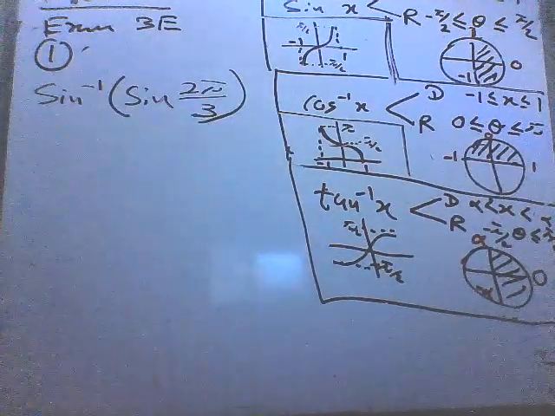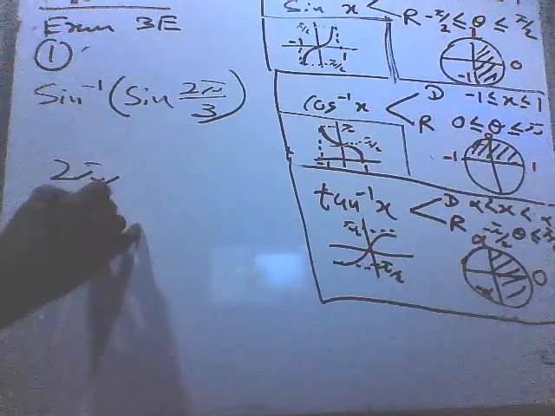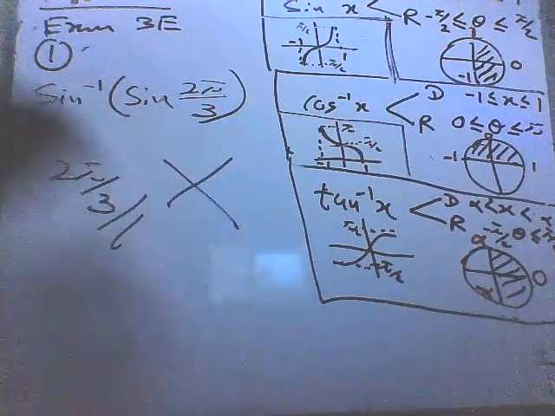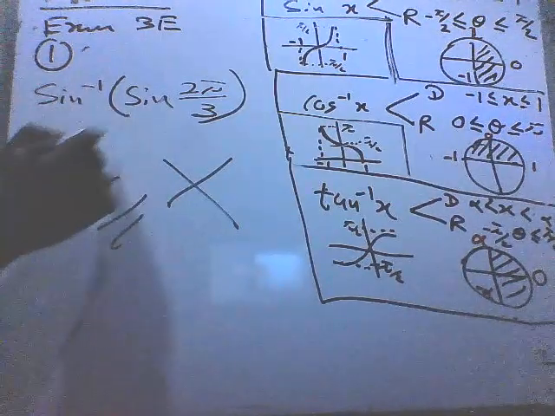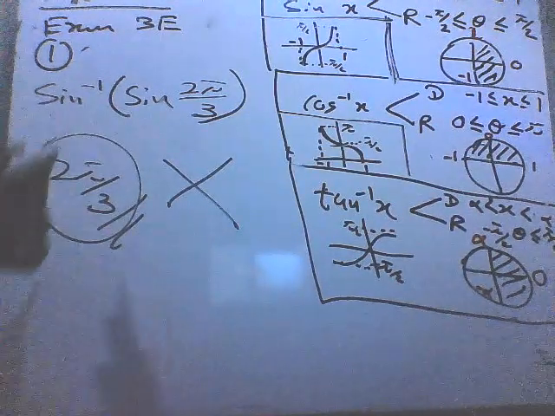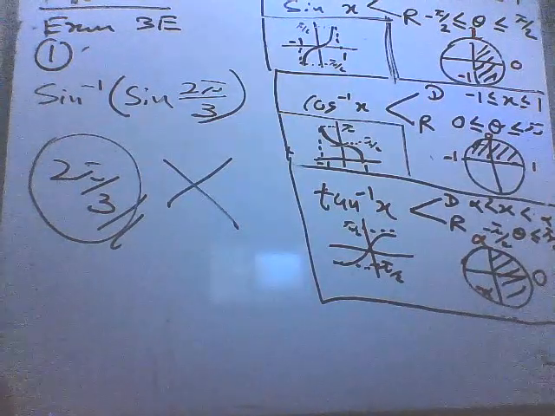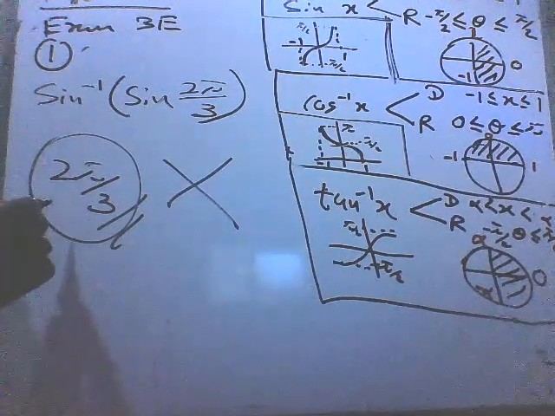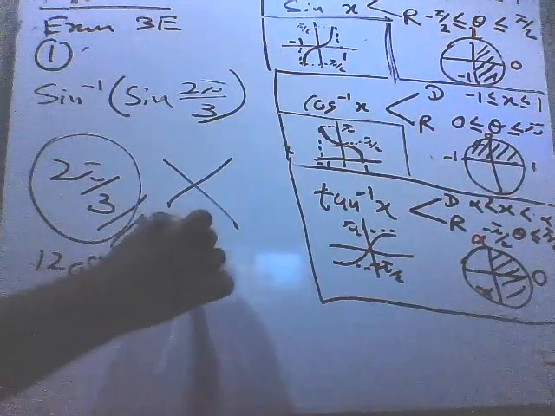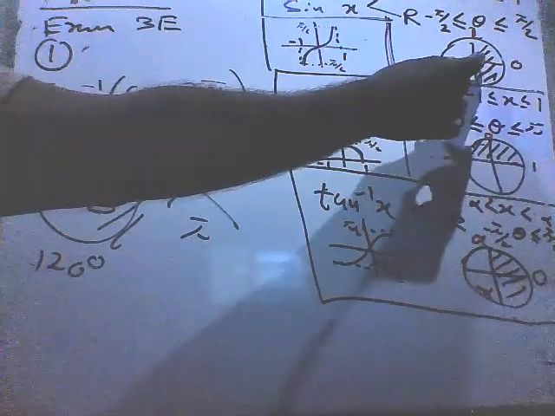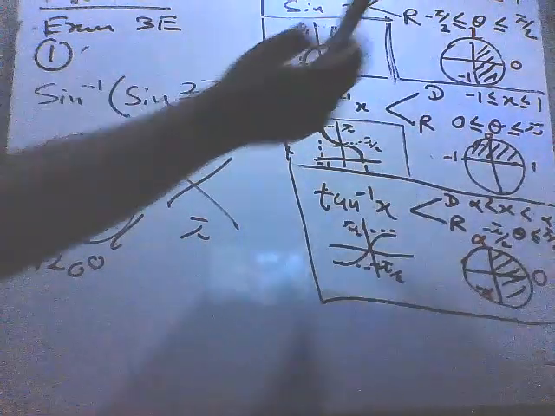If we just try to cancel and put 2 pi over 3, this answer is wrong, because 2 pi over 3 is actually more than pi over 2. It is 120 degrees. The range of sine inverse can't go beyond 90 degrees, so we are in trouble.